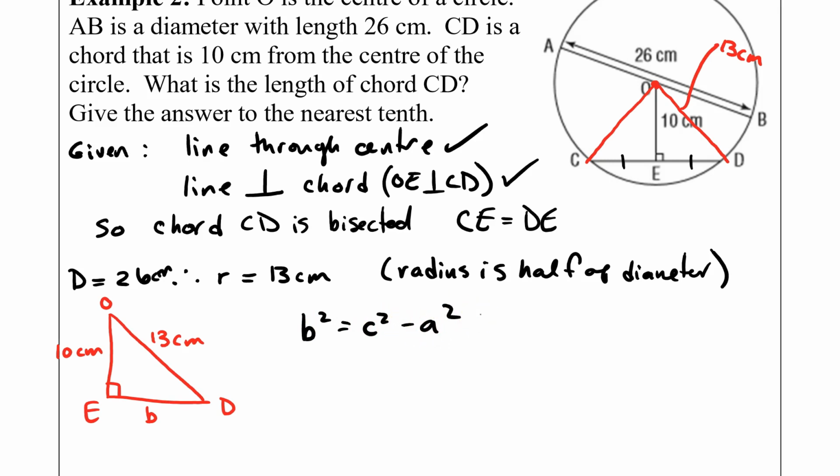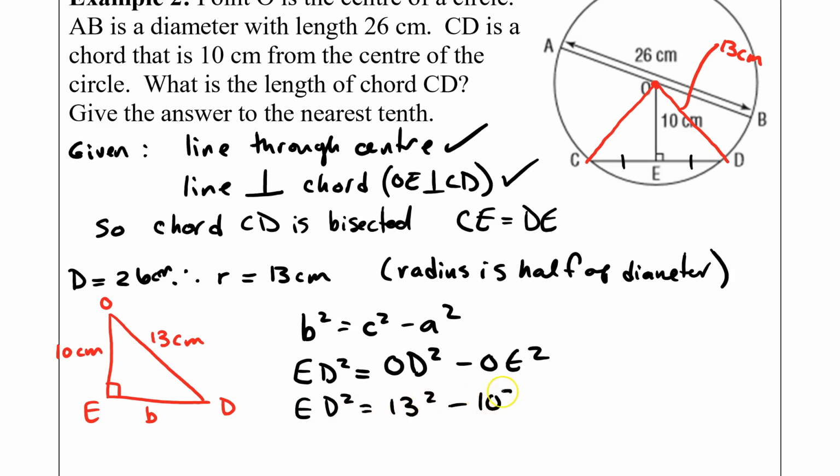Now I'm going to substitute what I know. My B is ED, my hypotenuse here is 13, so ED squared equals OD squared minus OE squared. Filling in the numbers, ED squared is 13 squared minus 10 squared.